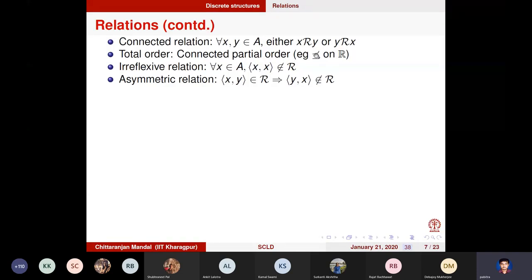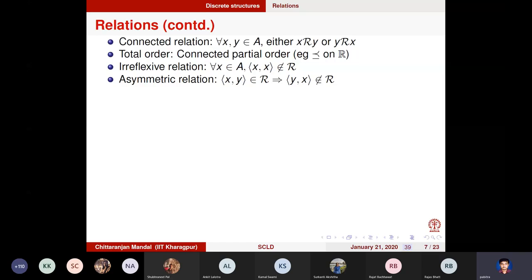Two elements x and y would be called comparable with respect to a partial order if either x is less than or equal to y, or y is less than or equal to x. Then I would call x and y comparable. All right. So a connected relation is one where every pair of elements is comparable.